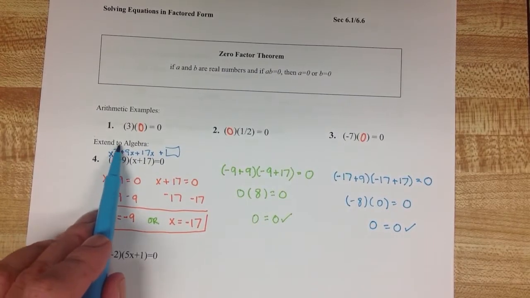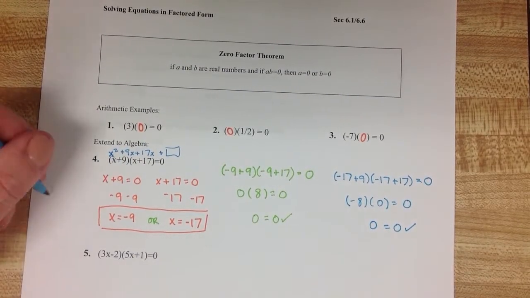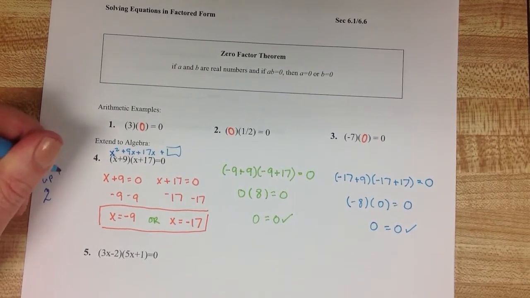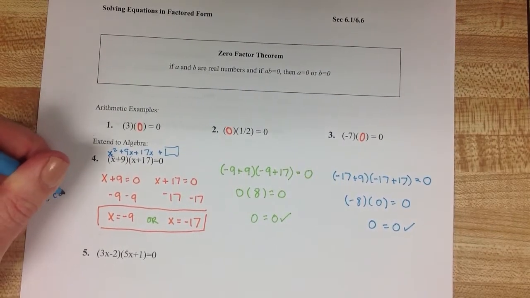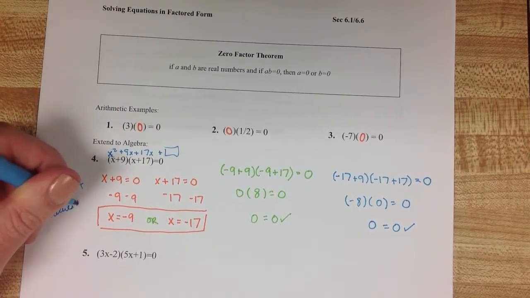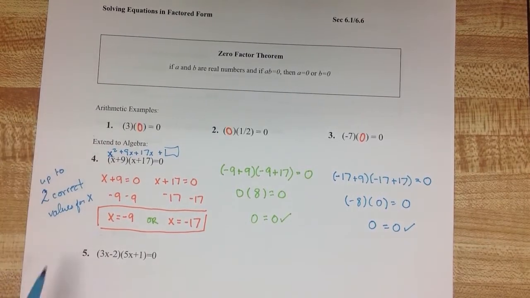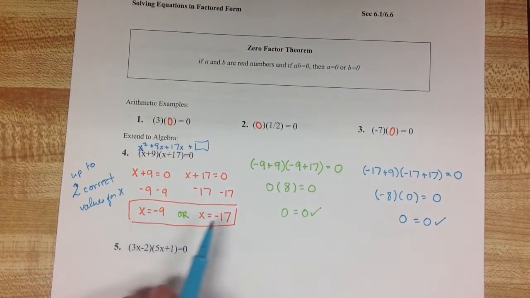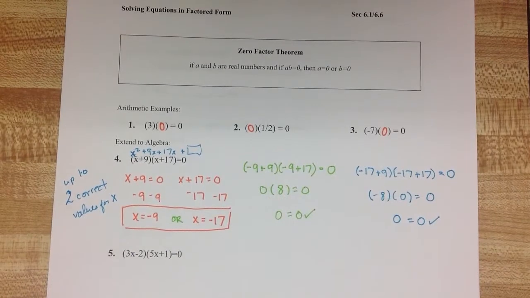See how this x is to the power of 2? That means we're going to have up to 2 correct values for x if it has a distinct solution. So we're looking for 2 answers for x when we're dealing with x to a power of 2.